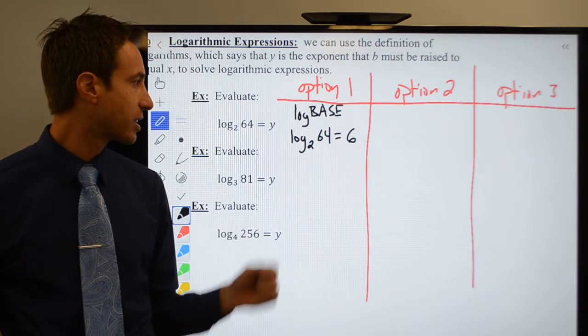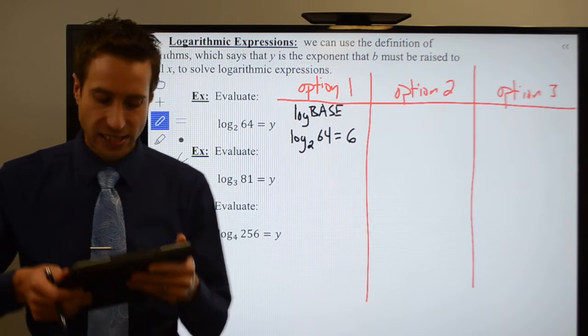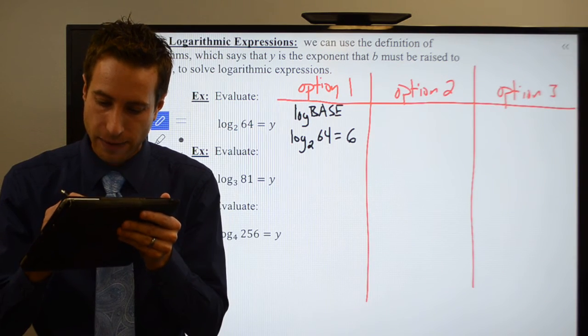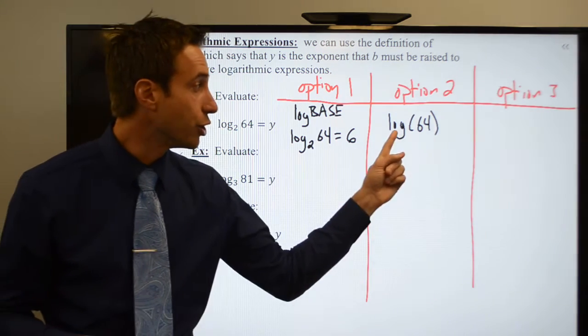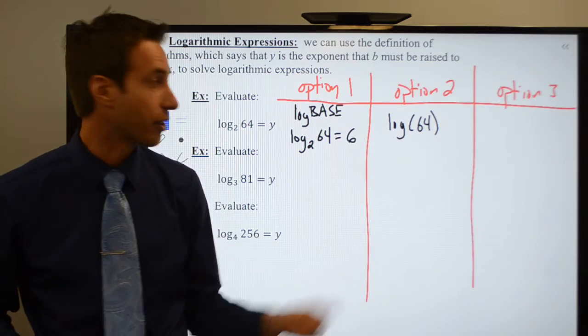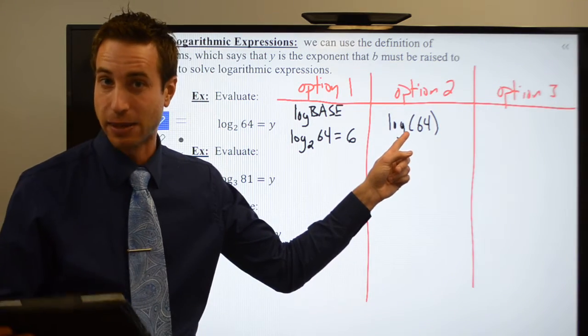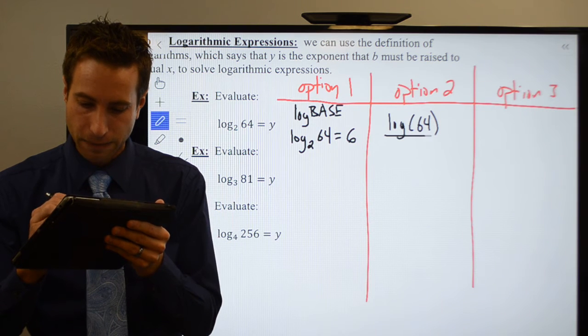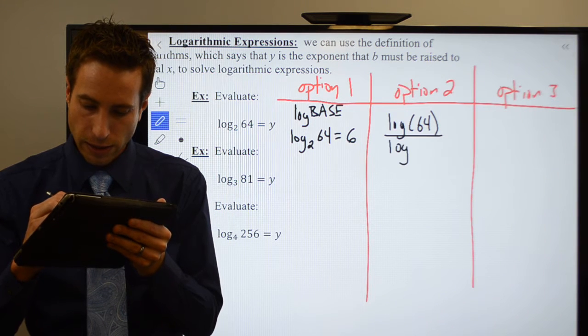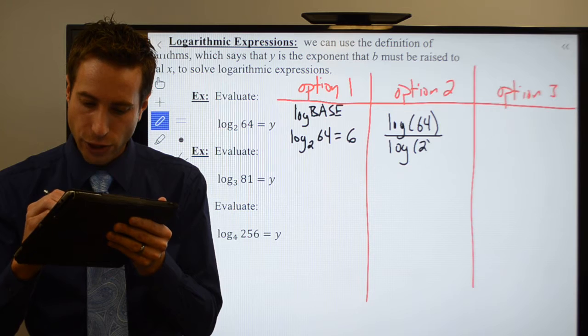And remember the way it works. I'll take the log of 64, so this would be a log base 10, so log of 64. Now you can use the log button right on your calculator because the base isn't written, it's an implied 10, so log base 10 of 64 divided by log base 10 of 2.